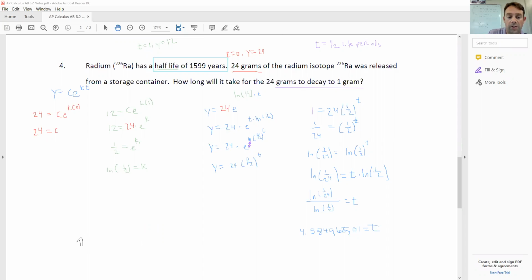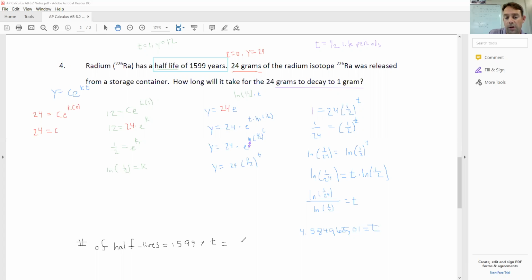So the number of years is going to be equal to 1599 times t.